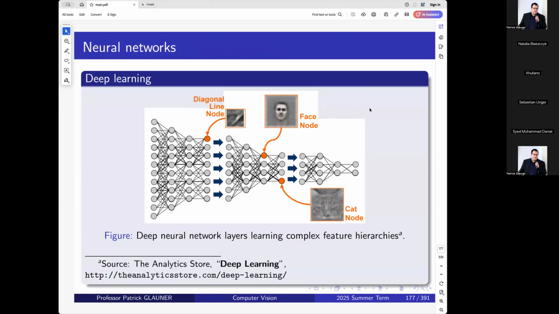Deep learning means we have lots of hidden layers. This is a term that has become popular in the last 15 years or so. And it turns out when you have a neural network that not only has a few hidden layers, but a lot of hidden layers, these neural networks tend to learn very complex concepts.